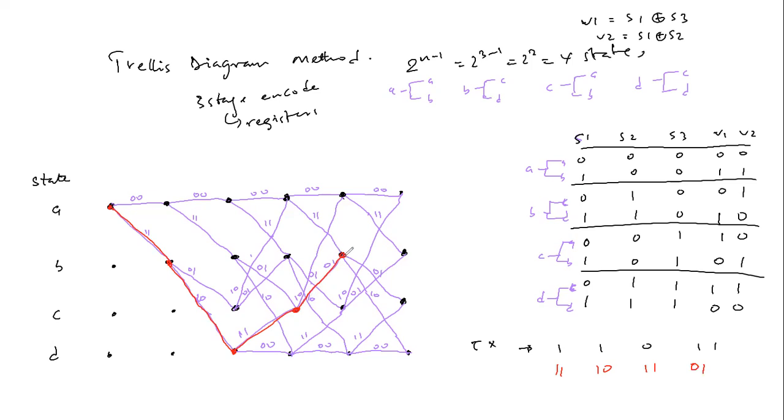Then from B, it emits a 1. So from B now, it's either we'll go to C or we go to D. If it's a 0, then we are going to C. Now if it's a 1, we are going to D. And it's a 1, so we are coming back.